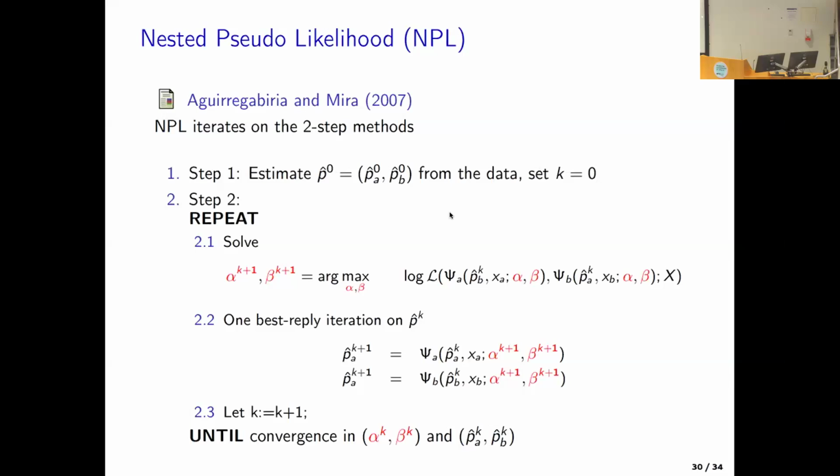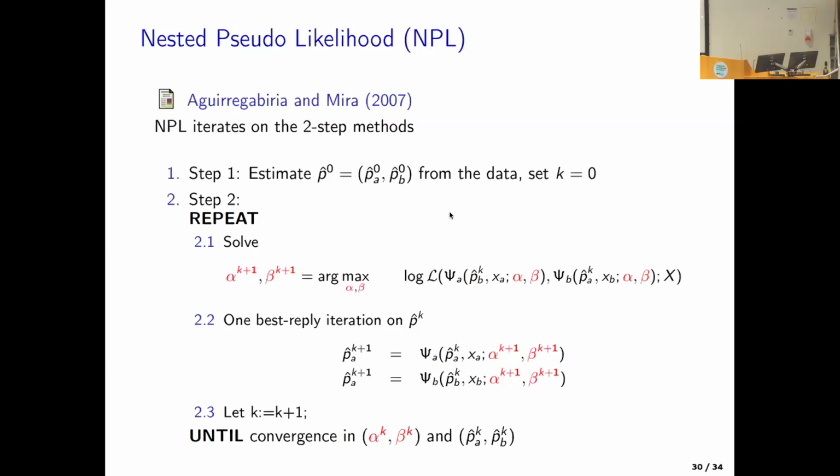Anyway, that's why Victor and Pedro in this paper suggest to iterate. So you start out with estimating the CCPs from the data, okay, and then you do what I just described, right? You do this pseudo maximum likelihood estimator initialized at the initial estimated CCPs, okay?